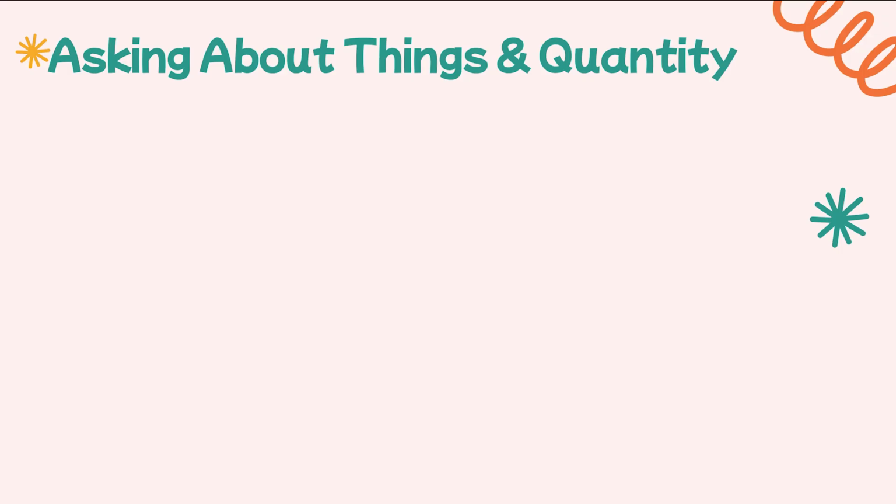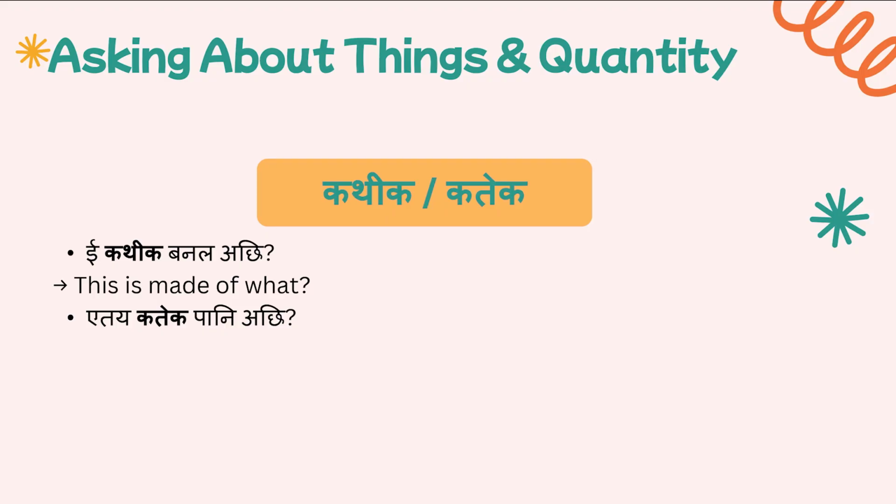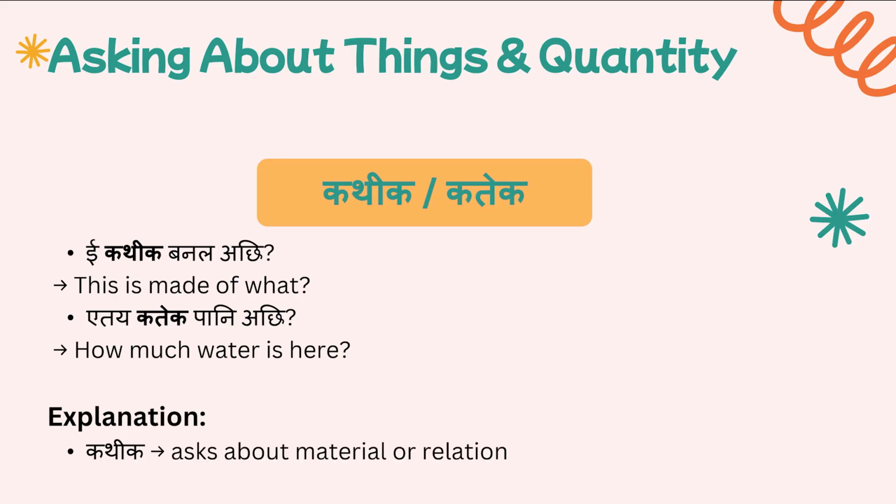Asking about things and quantity: kathik and katek. E kathik banal ech. Of what is this made? And then ete katek pain ech. How much water is here? So, kathik is a question word that asks about material or relation, and katek is a question word that asks about amount and quantity.